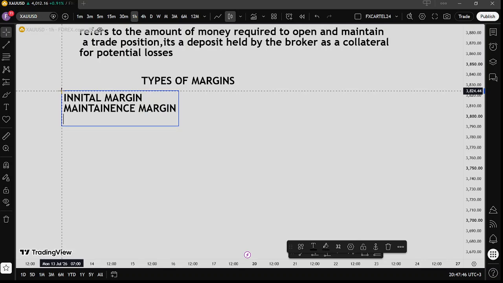We do also have what we call used margin. We do also have what we call free margin. We also have what we call margin call. Then we do also have what we call stop out.